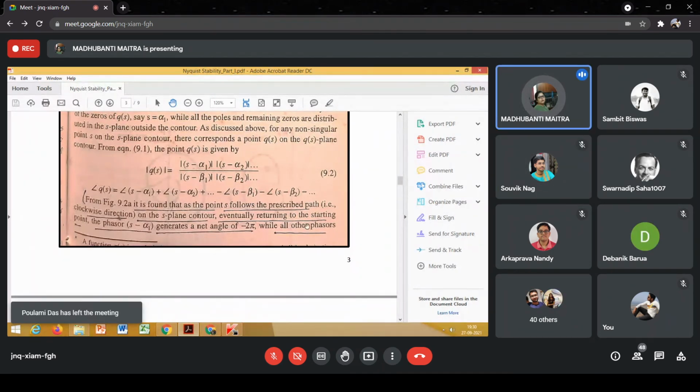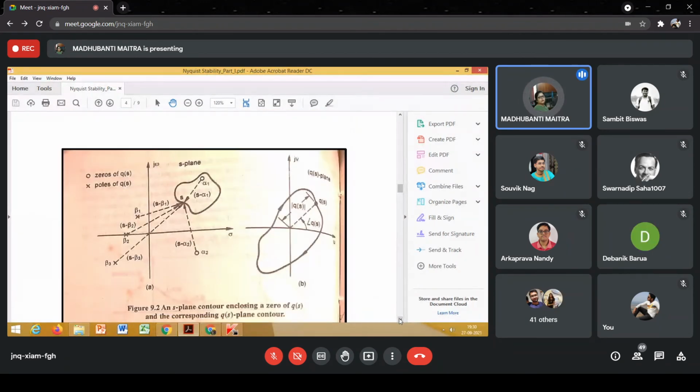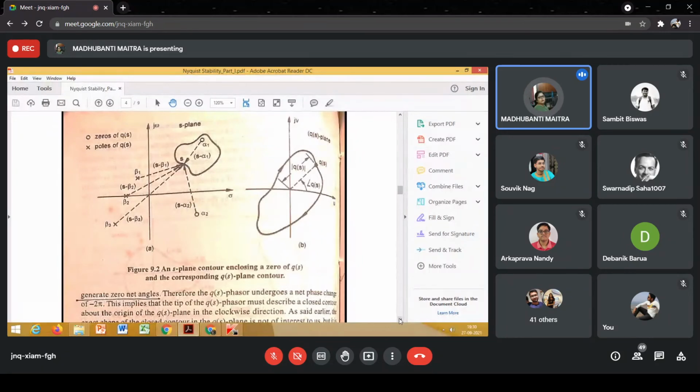So delta angle Q(S) will now become plus 2 pi, and hence we'll observe that the Q(S) plane contour will now encircle the origin of the Q(S) plane once in the counterclockwise direction. Why?